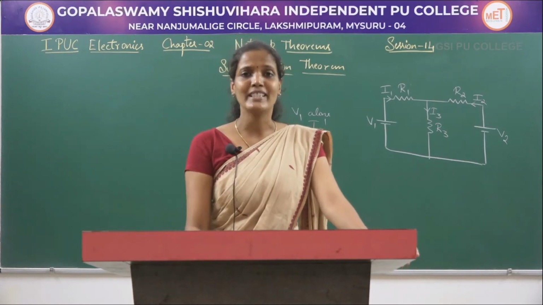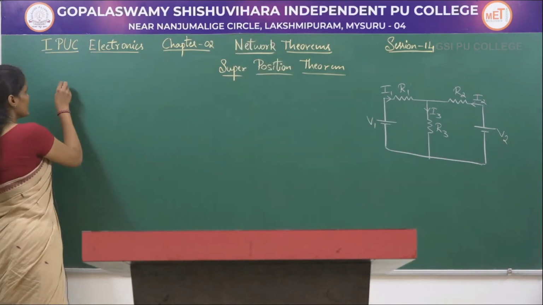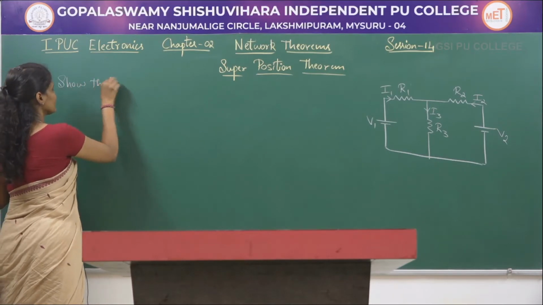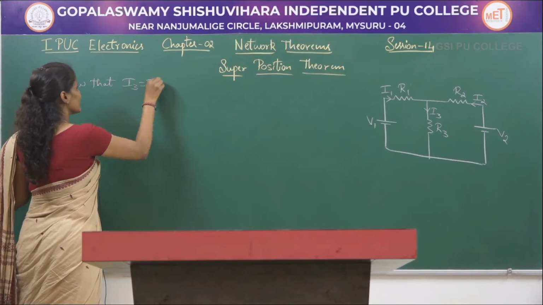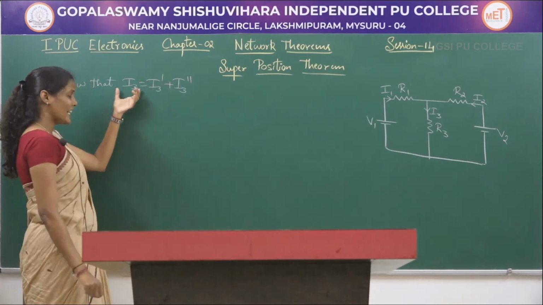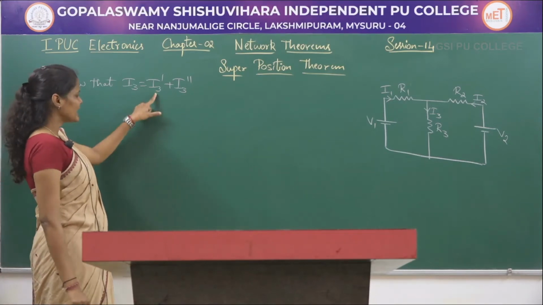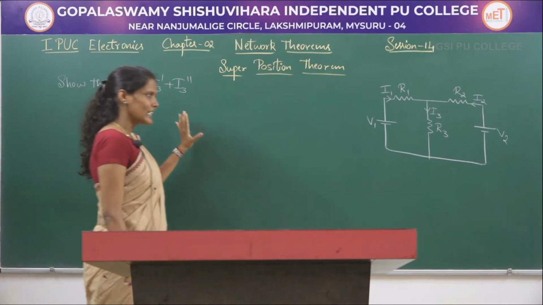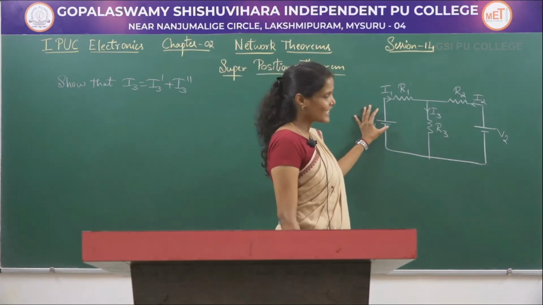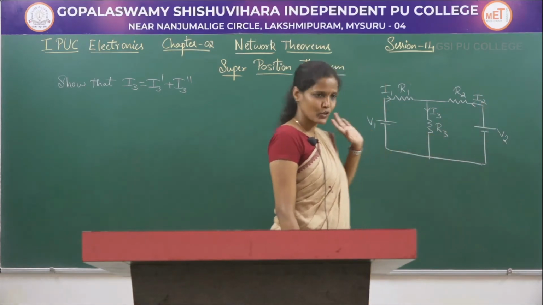So let us try to understand this superposition theorem in detail. Here we have to show that I3 is equal to I3 dash plus I3 double dash, where I3 is the current flowing through the resistor R3, and I3 dash is the current flowing through the same resistor when V1 alone is considered and V2 is neglected, that is when V2 is shorted.